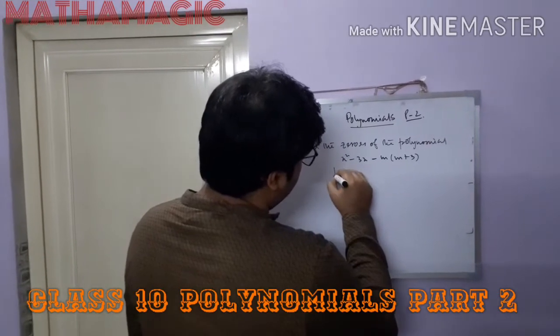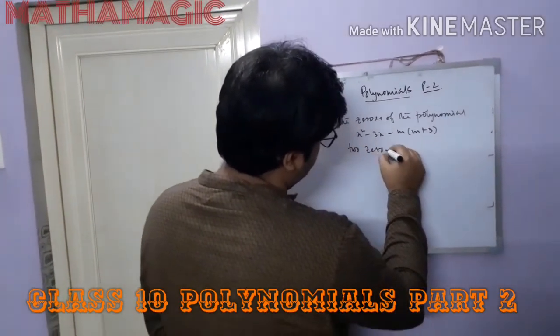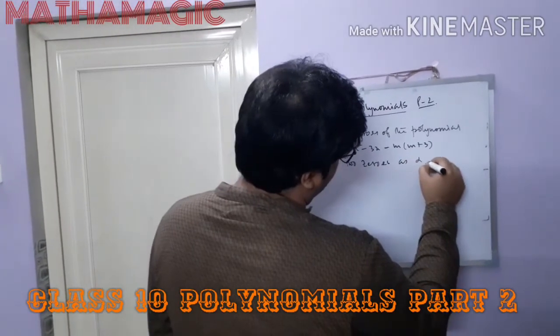Now, in order to find the zeros of this polynomial, let us take the two zeros as alpha and beta.